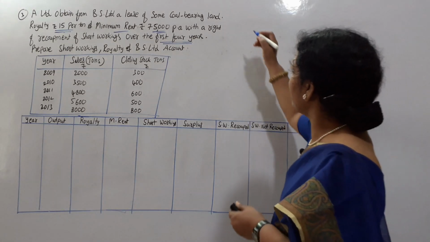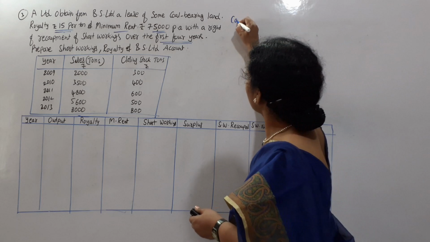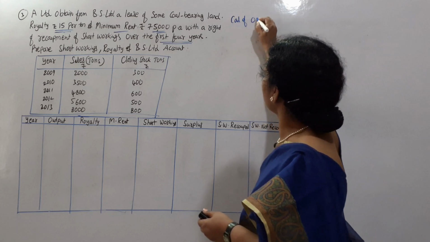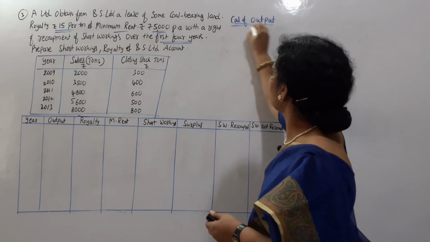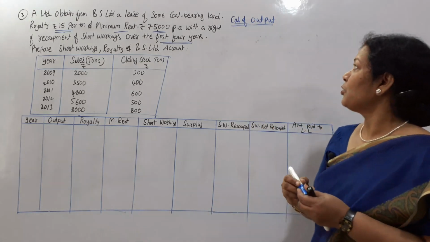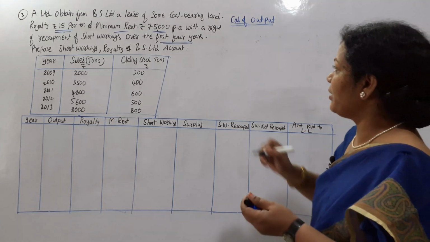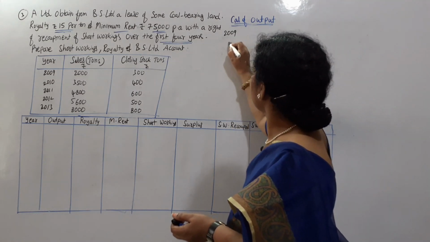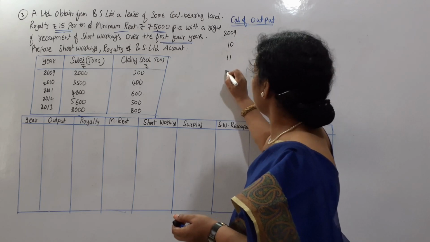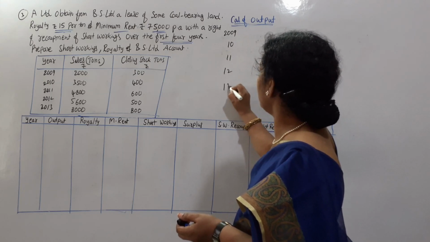So we'll do rough work here. Calculation of output. This you can show in the working notes. So how do we calculate? We'll write the year first: 2009, 10, 11, 12, 13.